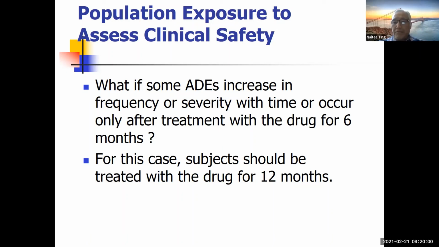But at 9 months, a new AE pops up that you have never observed before. This AE could imply that the drug was not completely excreted out of your body. So the exposure is beyond our understanding from phase 1, phase 2 trials. So that's the first thing. You don't want to see that happen, but it happens.